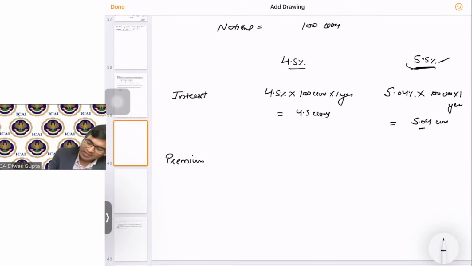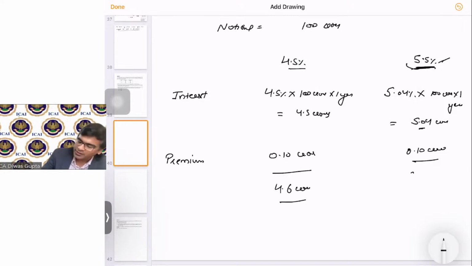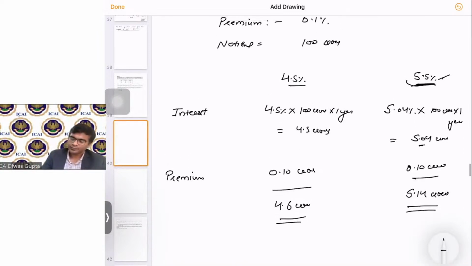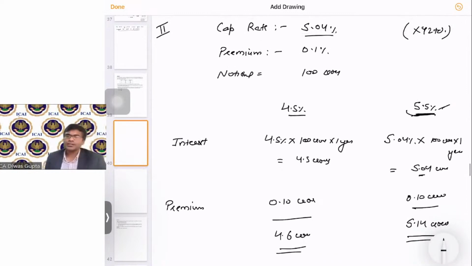Premium would be paid irrespective of whether we exercise or not, because it is a sunk cost. So 4.5 plus 0.1 becomes 4.6 crores. 5.04 plus 0.10 becomes 5.14 crores. I hope this is clear, students.